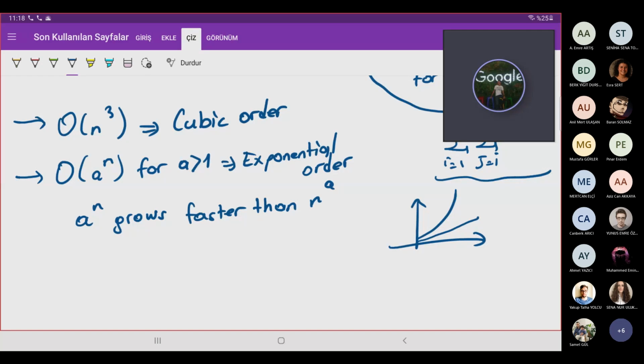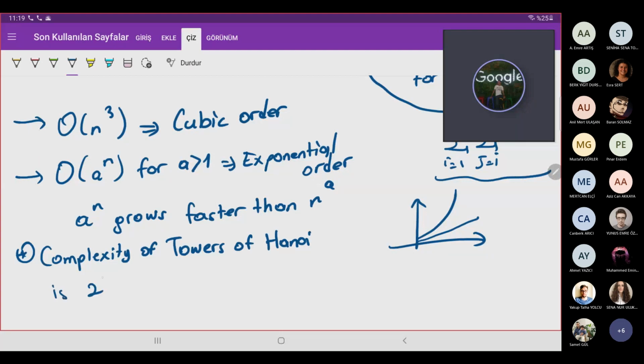The function a to the power n grows faster than n to the power a. For instance, the complexity of towers of Hanoi is 2 to the power n, okay, which is exponential. That's why it's a very difficult problem.